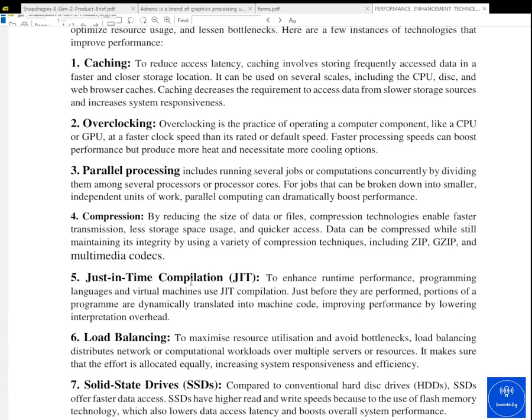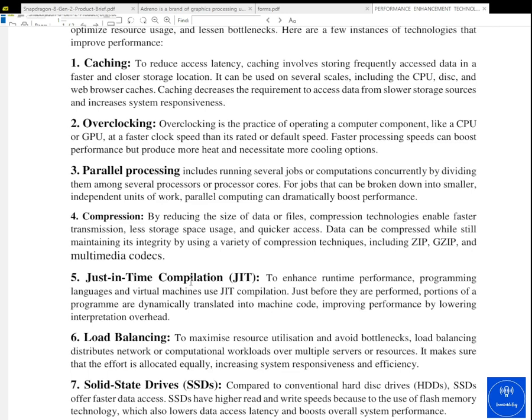So if you have so much work to be done, the computer has a way of slicing or dividing these jobs, then distributing them to different processors. Remember, most computers nowadays have more than one processor. That's why we talk of quad core, we talk of octa core in phones. So basically, these computers have different cores which are dedicated for specific tasks.